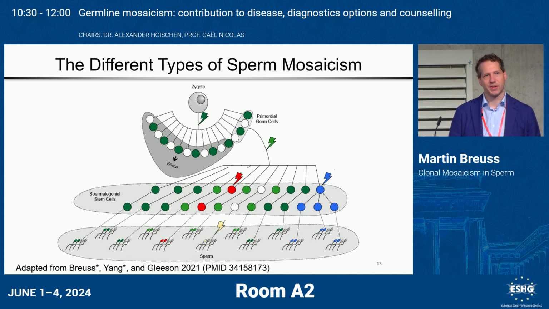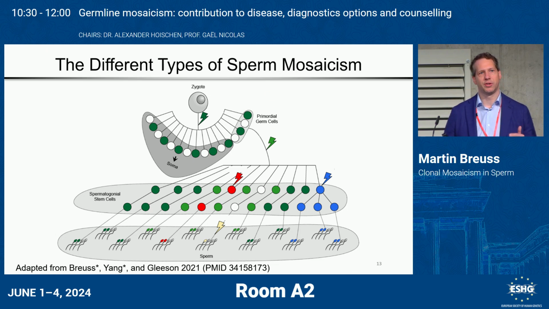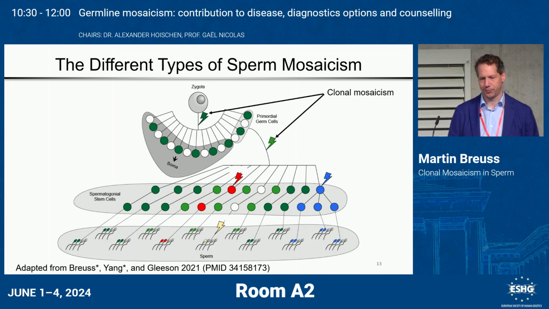So what's quite interesting is that there is a bottleneck event developmentally, where these cells actually originate from maybe 3 to 5 cells, which really can amplify mosaicism that's present specifically in this lineage. And again, these early events are clonal mosaicism that we're dealing with and that can cause recurrence.